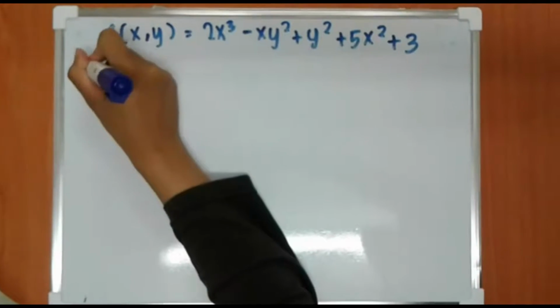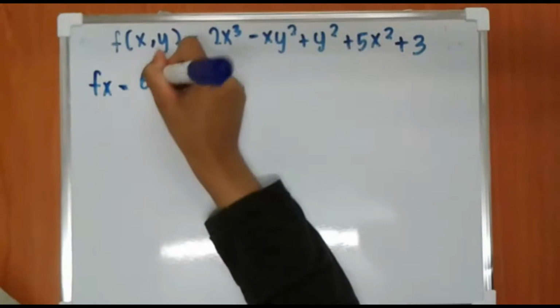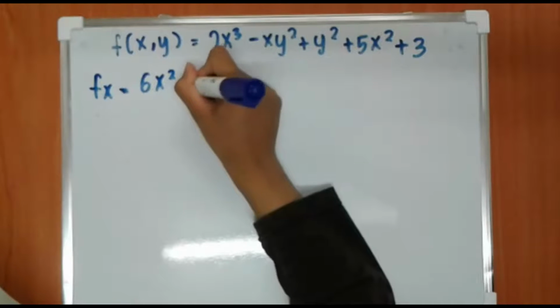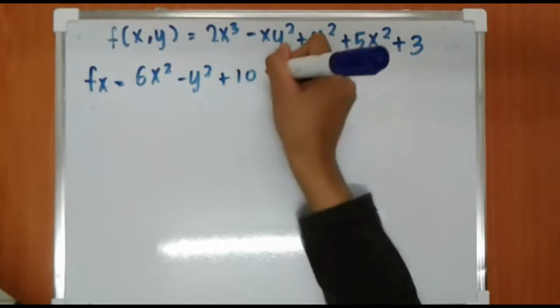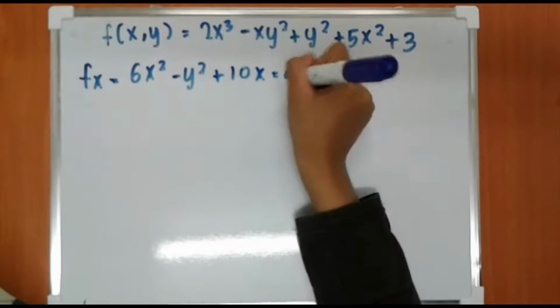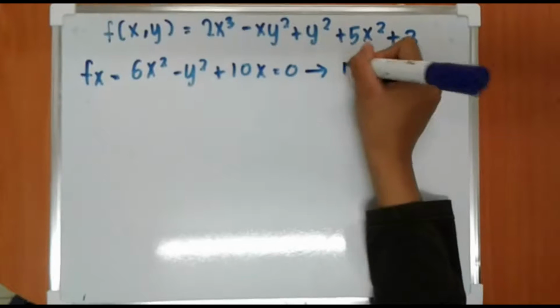It will become fx = 6x^2 - y^2 + 10x = 0. So basically this is our first equation.